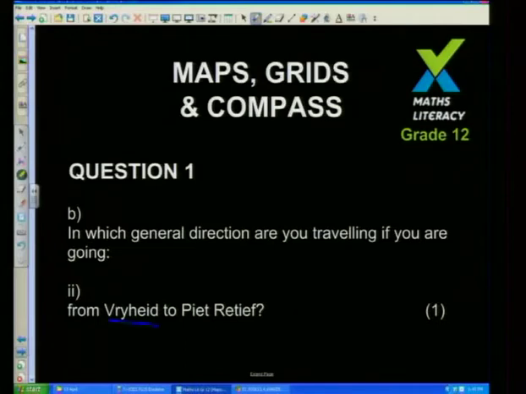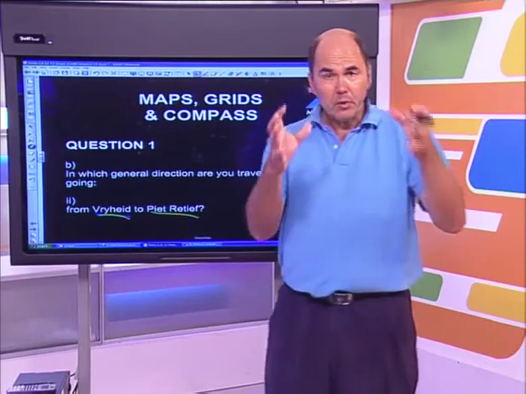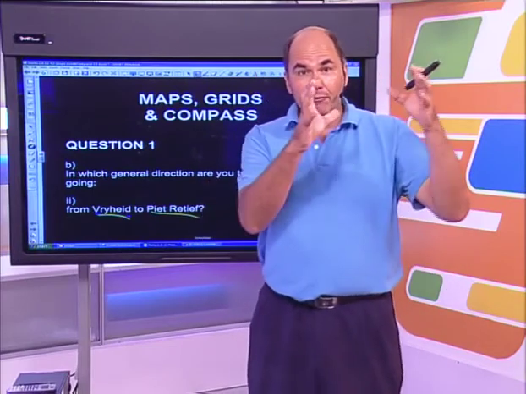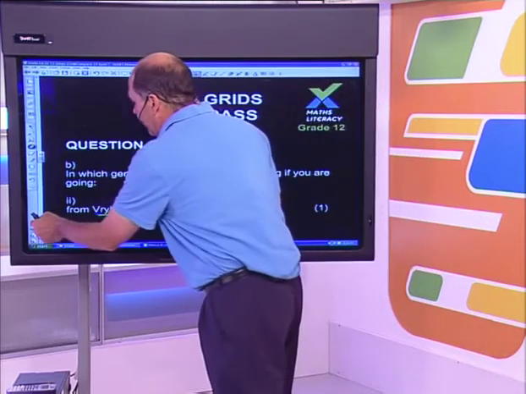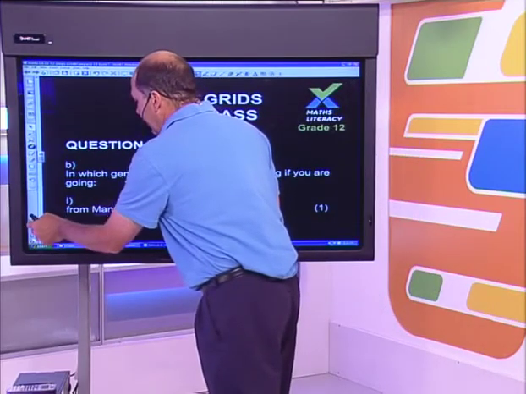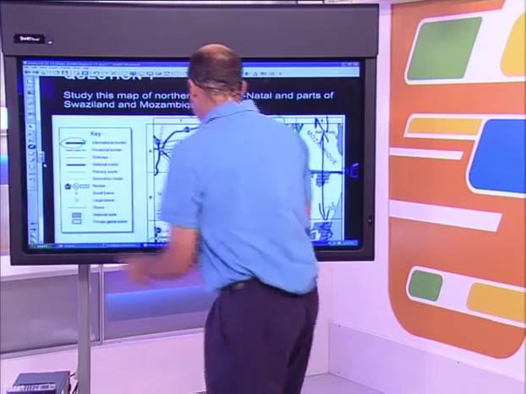From Vryheid. We were traveling from Vryheid to Piet Retief. Now, don't get confused. Make sure you understand which one is which. Now, I need to check it myself because I kind of forgot. So let's make sure that we've got it right.